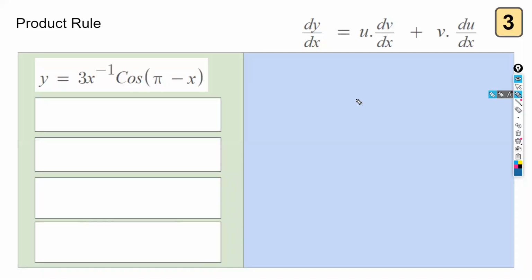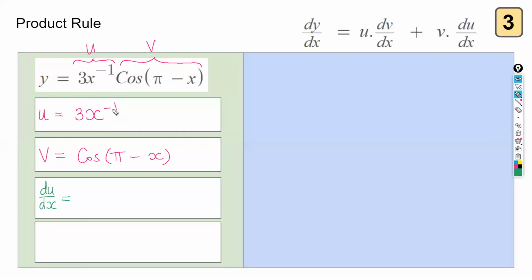So there's 2 groups of x here, right? So the first group, that's this guy here, he's going to be u, and the cosine is going to be what? V. I think that was obvious. So u is going to be 3x to the power -1, and v is cos pi minus x. Let's differentiate the easy one first. du dx.